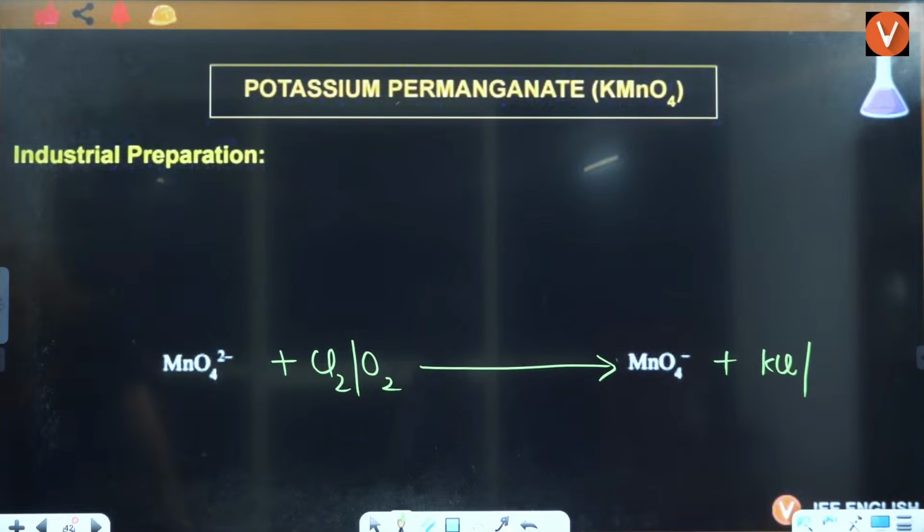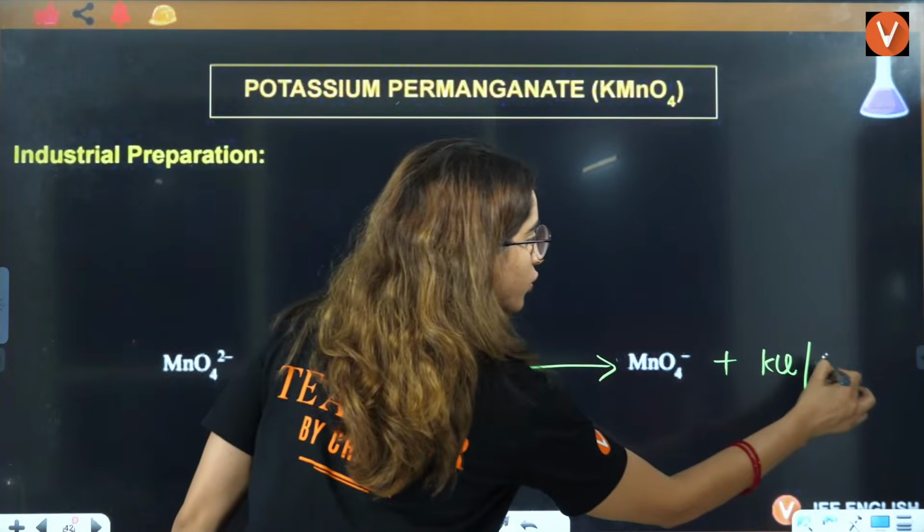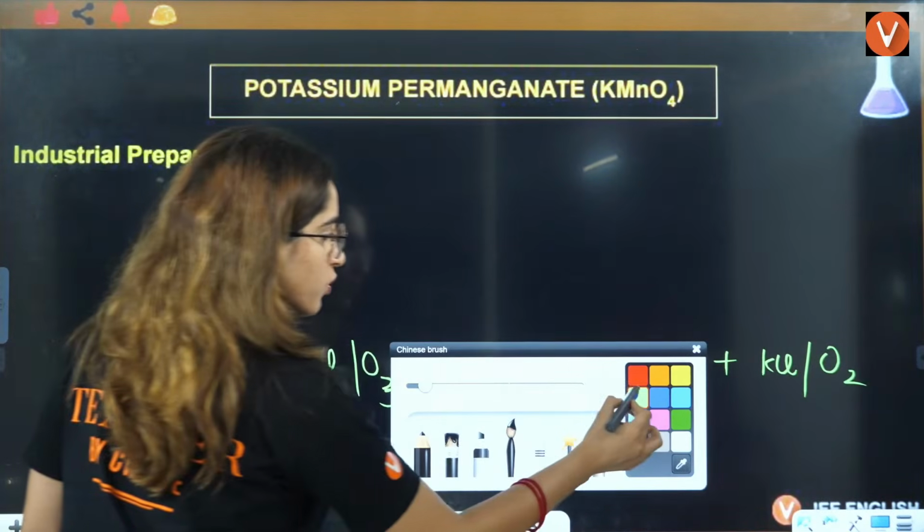Okay, everybody, is that clear? Now, let me just show you one more thing. Here it will be O₃ and this will be O₂. Now, there is one more thing.